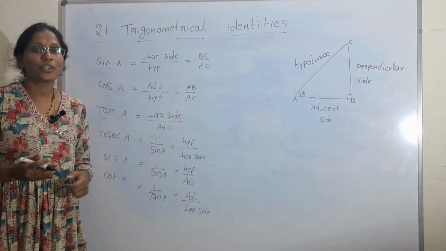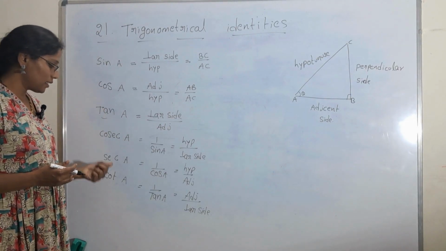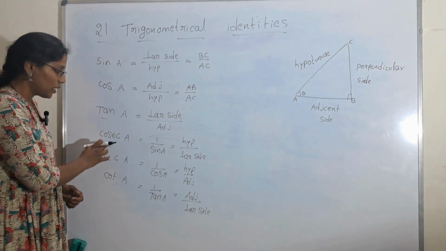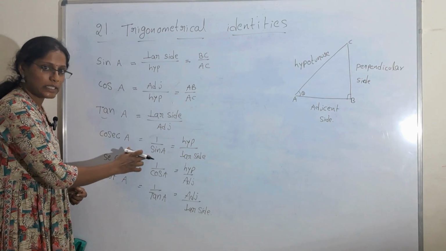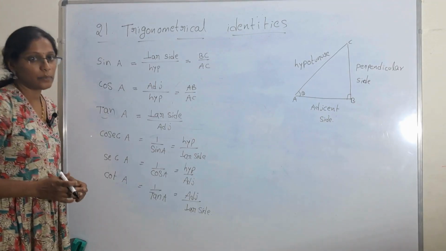Next, we have relations between sine and cosecant, cos and secant, tan and cot, which we already discussed. Cosecant and sine are reciprocals, secant and cos are reciprocals, cot and tan are reciprocals.